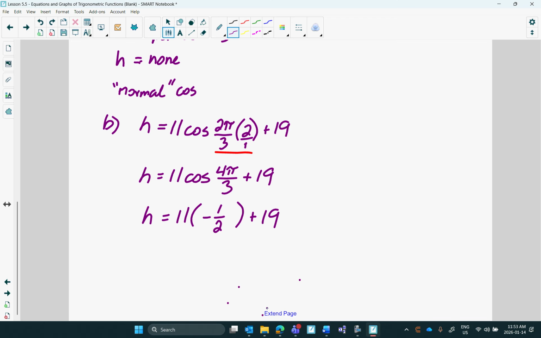Now, here, we might want to go to decimal. What's half of 11? 5.5. So negative a half of 11 would be negative 5.5. And what's negative 5.5 plus 19? Positive 13.5.